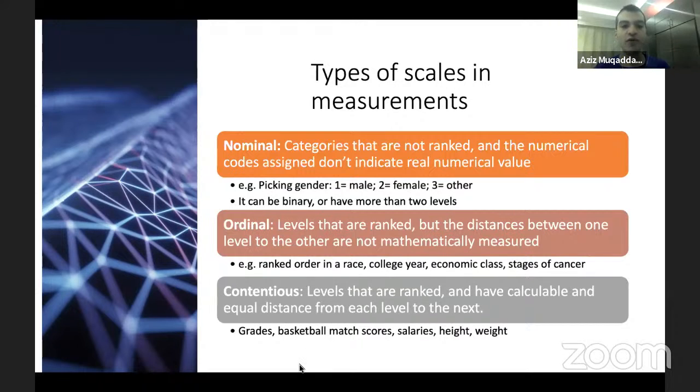So those are called continuous scales, because continuous means you move from one level to the next in equal distances continuously, right? Hence you could measure even decimals, like 1.5, 3.5, etc., which are not available in ordinal scales, right?